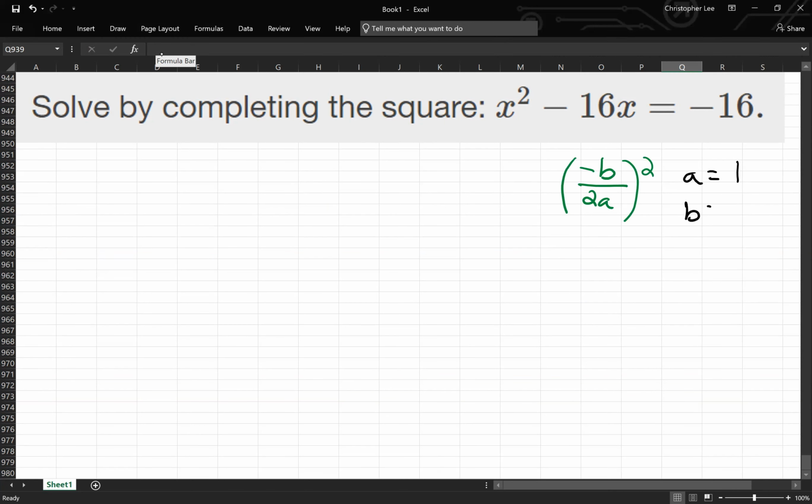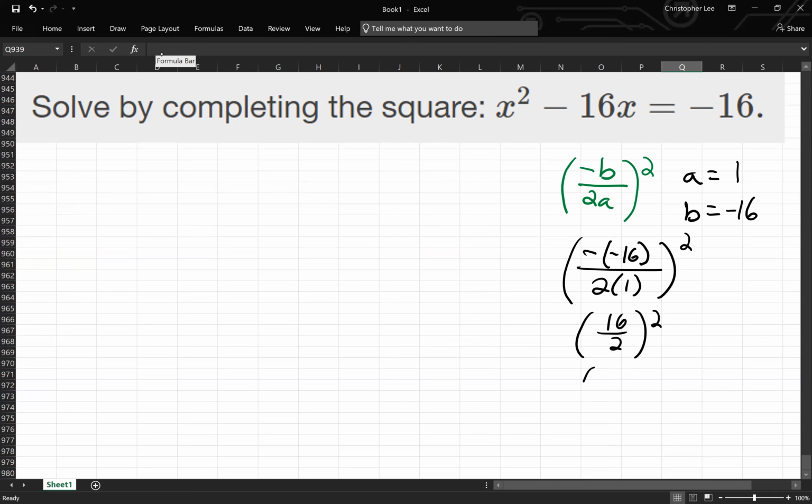One, and what's my b? Negative 16. Let me plug that in real quick. I have negative 16 over 2 times 1, squared. So that's 16 over 2, which is 8, squared, which becomes 64.